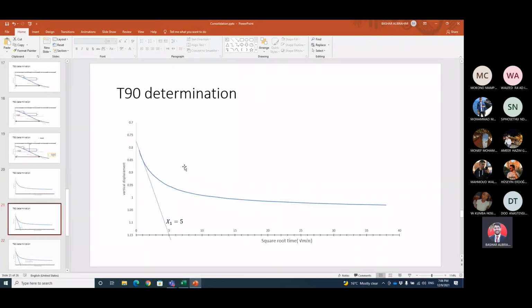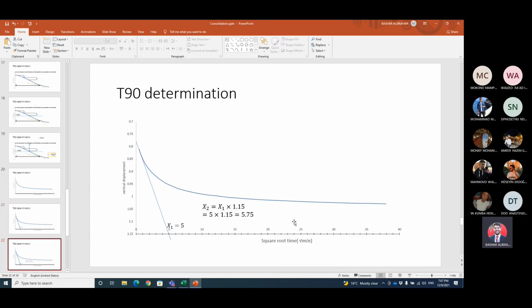So first of all, we will extend the initial line of the curve. So initially it is linear, so we will extend it. So it touches the y-axis at 0, and it touches the x-axis, as we can see, at the value of 5. I will multiply this value by 1.15. Okay, x1 times 1.15. We get 5.75.